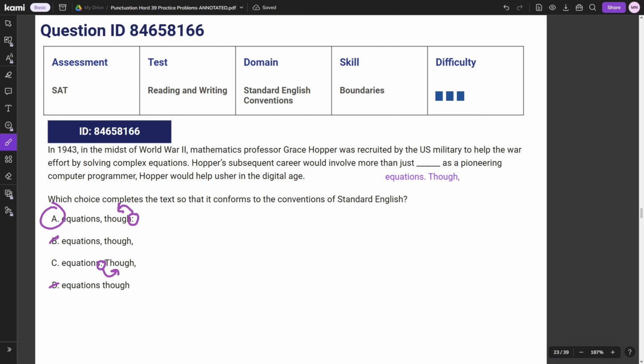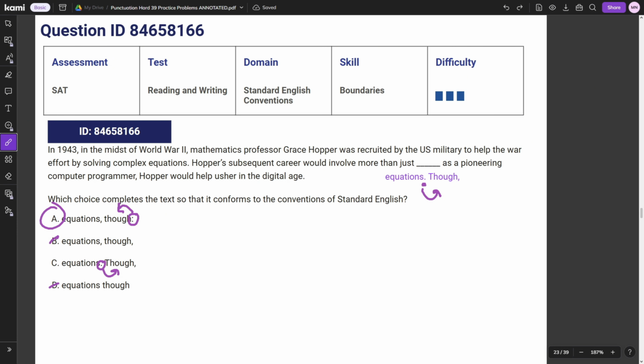Now for funsies, let's go ahead and say I plugged in answer choice C, where the punctuation comes before the transition word. And this would mean that the transition word would apply to the entire sentence before the punctuation. So it would apply to this entire sentence right here. Here, the transition word is though, and its use is to contrast something or make two things contradict or be the opposite of each other.